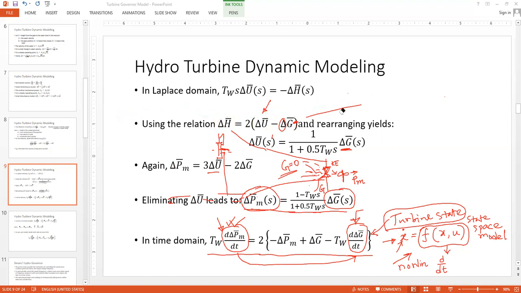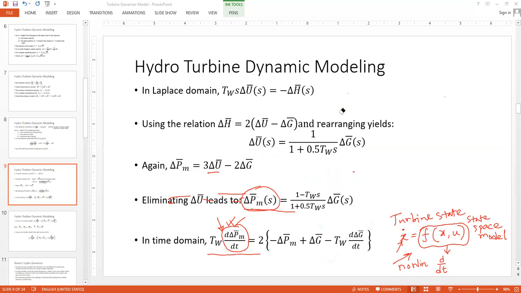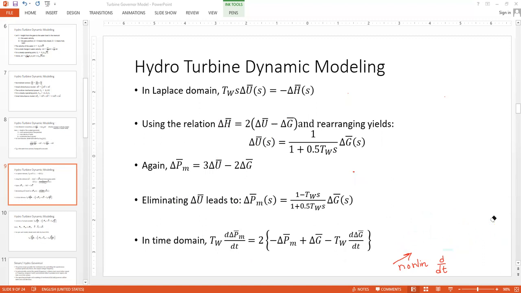So now let's see what we can do with this unwanted term over here, d del g by dt. This is not what we want. We want to erase it in a manner such that we only have some algebraic expression instead of this.